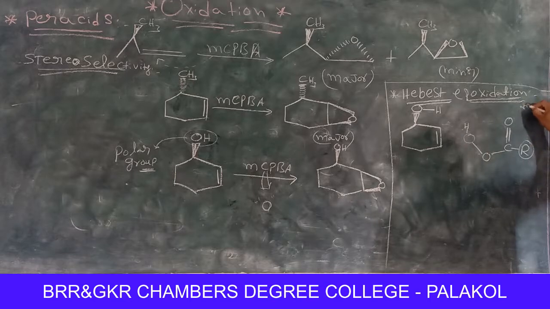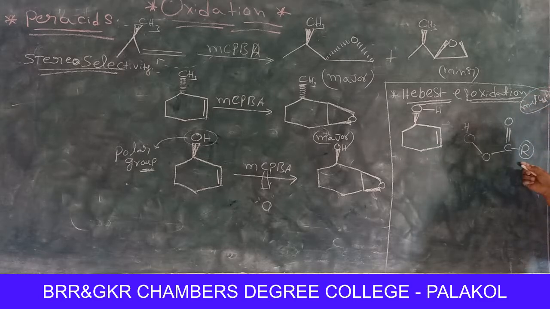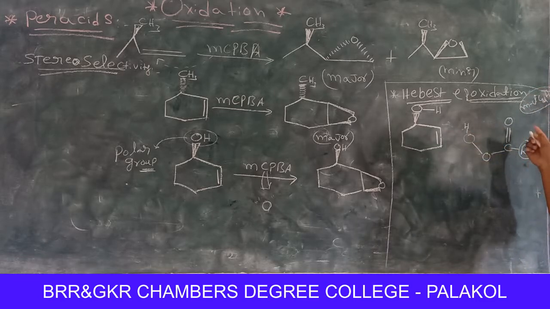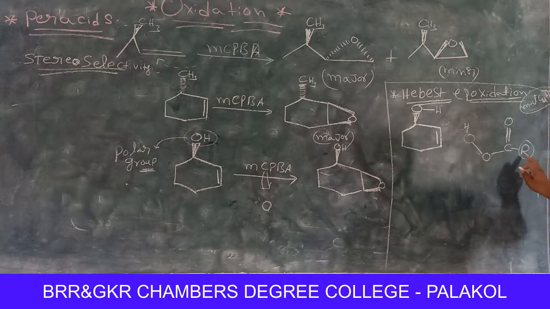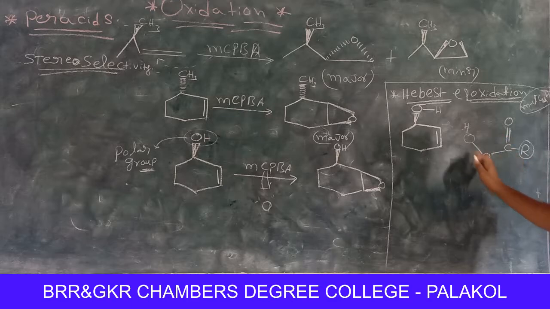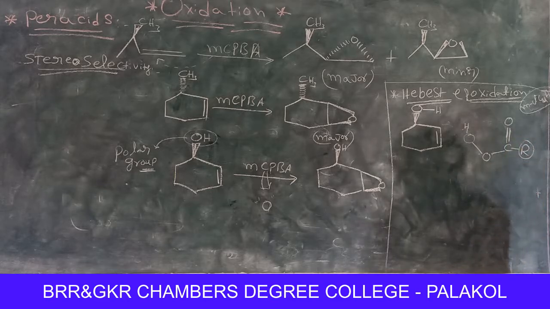MCPBA means metachloroperbenzoic acid. Here I am not writing the complete structure. Whatever it may be, it is simply a peracid. Whether it is MCPBA or any kind of peracid you take, the mechanism is the same.